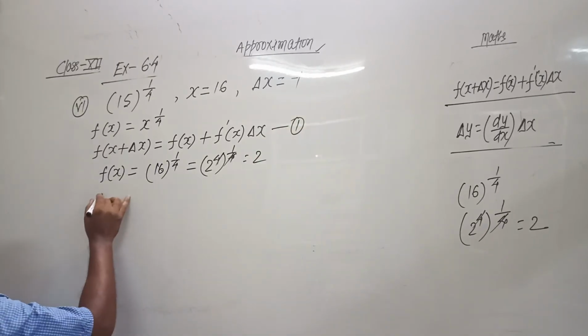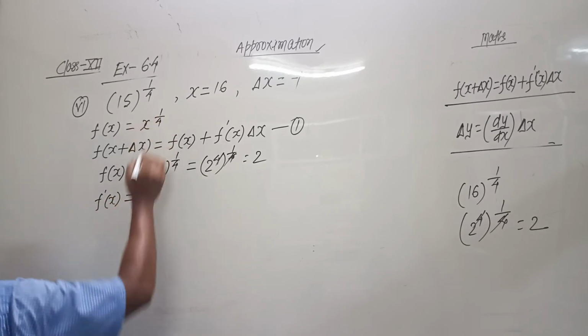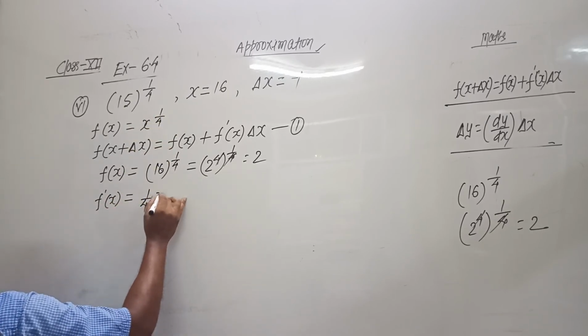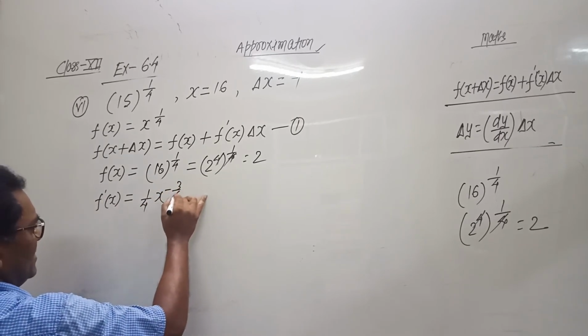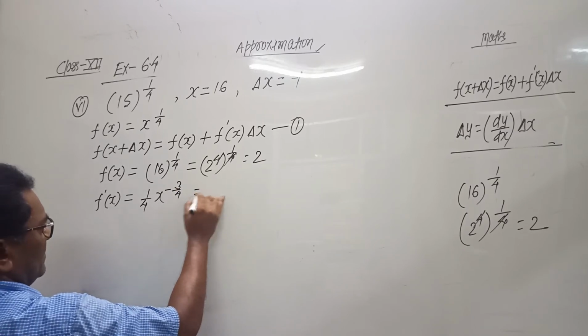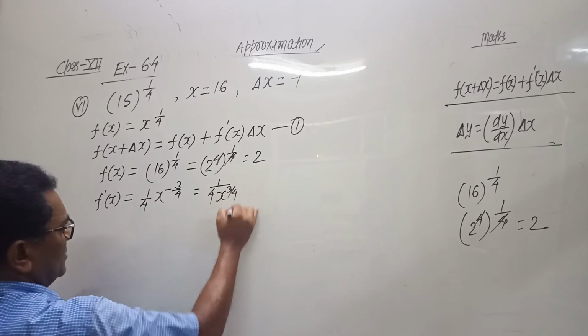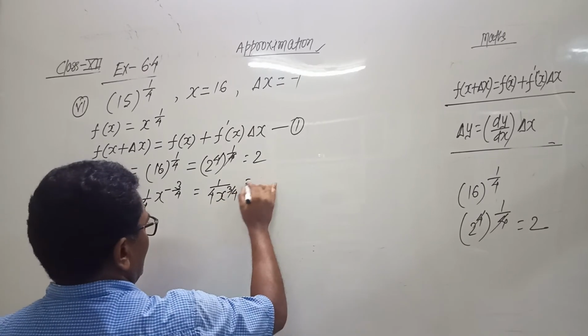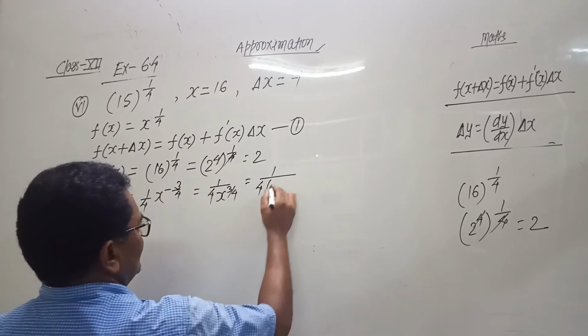Now we find f dash x. So f dash x is n into x raised to the power n minus 1. 1 by 4 minus 1 means minus 3 by 4. Means 1 by 4 x raised to the power minus 3 by 4. Put the value of x, the value of x we have taken 16.